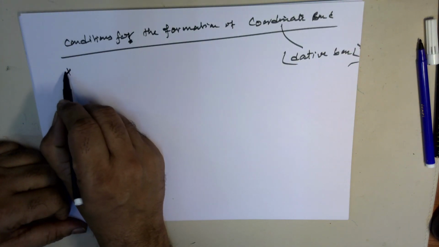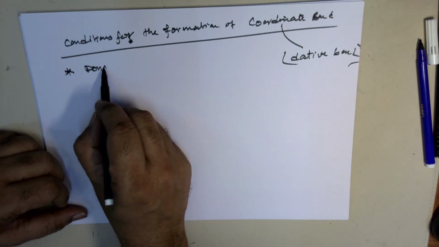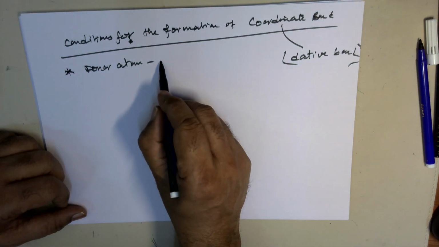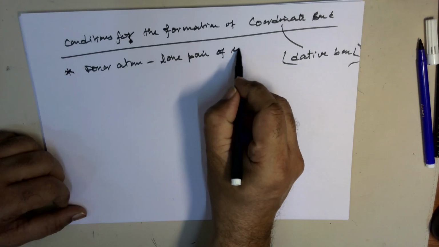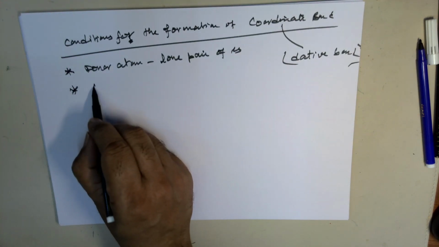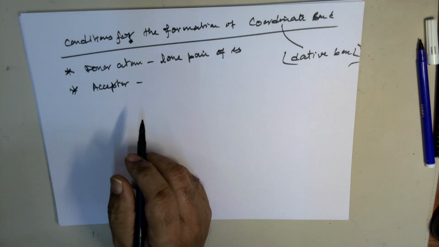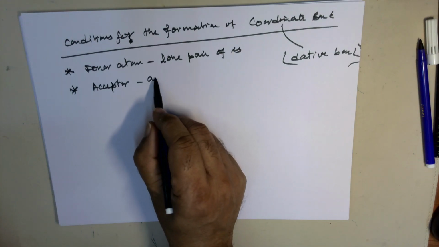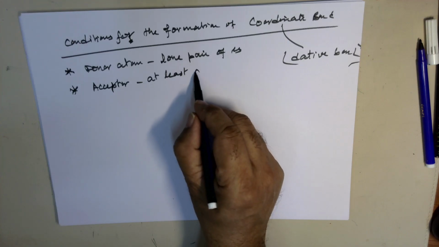So here the first condition is the donor atom should have a lone pair of electrons to donate. And what about the acceptor atom? The acceptor atom must contain at least one empty orbital.